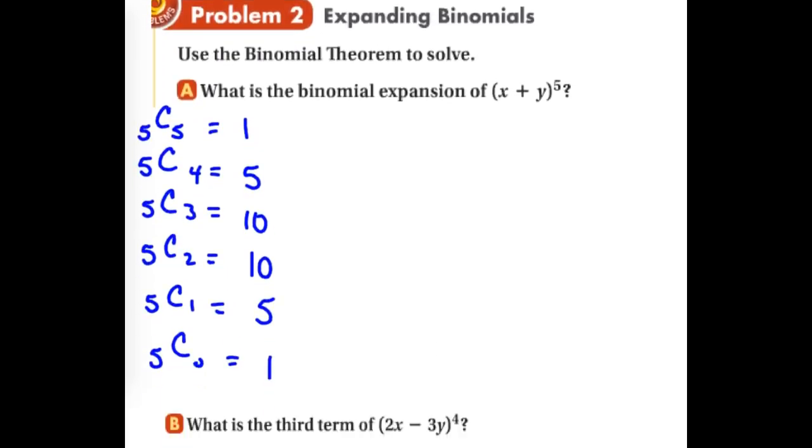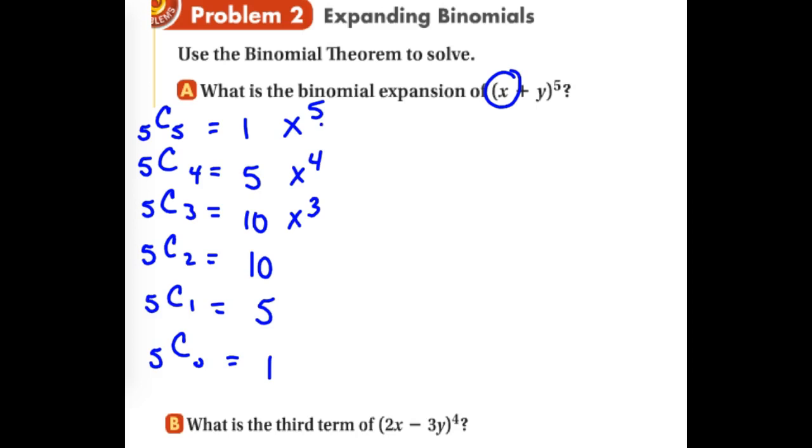All right, so expanding this, what did we do with X? What was its first power? The first one starts out high, so we had X to the fifth, and then it went down, which is the same thing that our probability of success was doing.